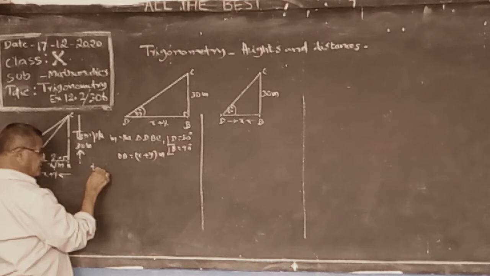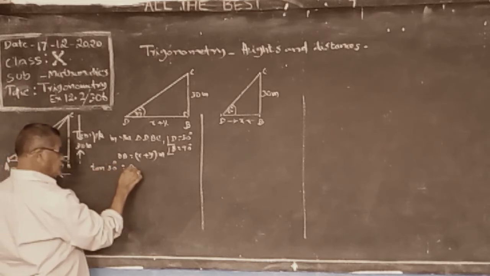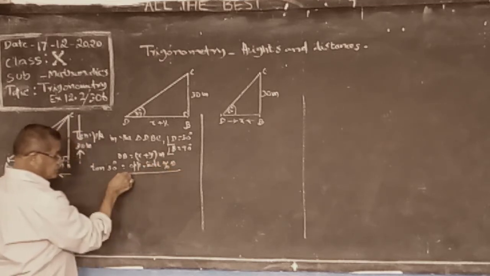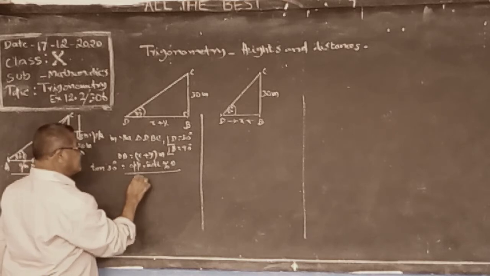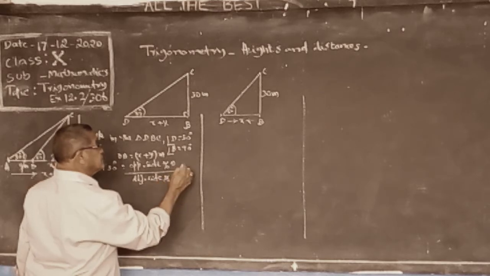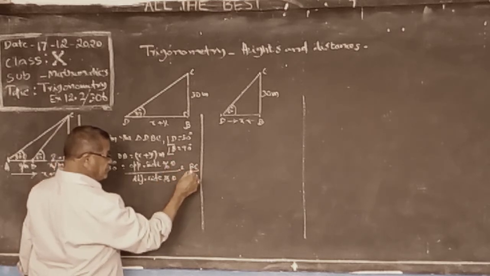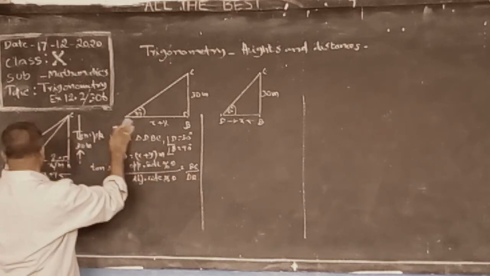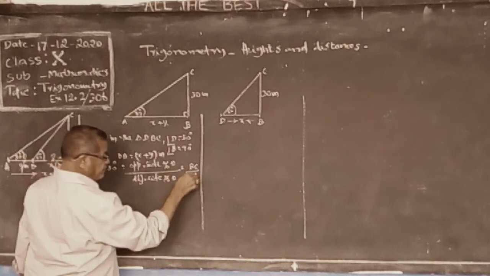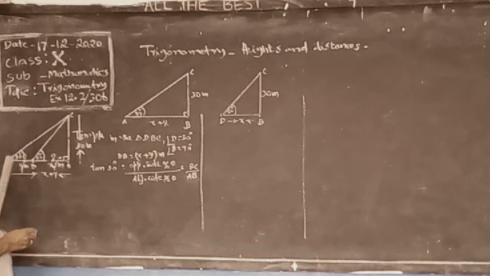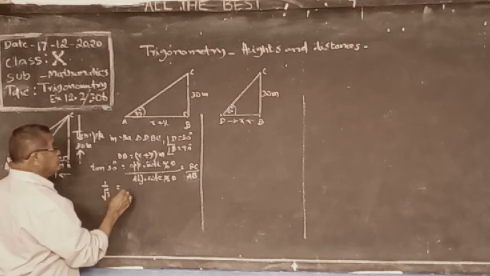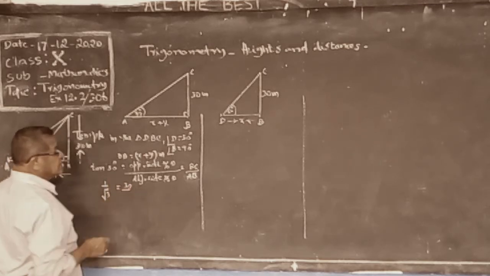Tan 30 degrees is equal to the opposite side of the angle by the adjacent side of theta, that is BC by DB. This is AB. Now, tan 30 from the table is 1 by root 3, BC taken as given as x, and the height of the person is given.